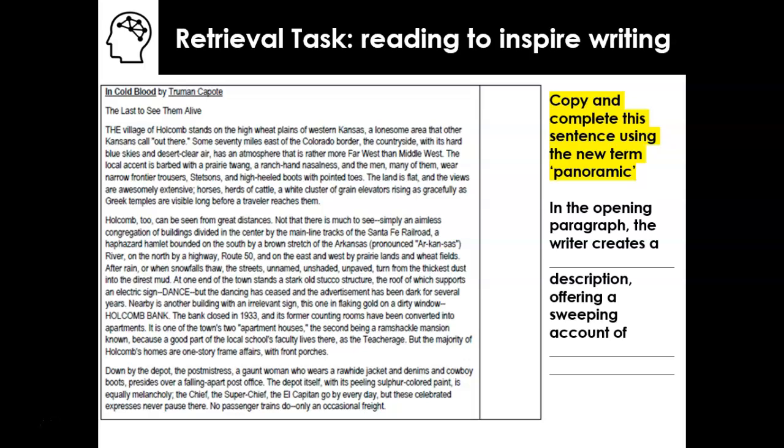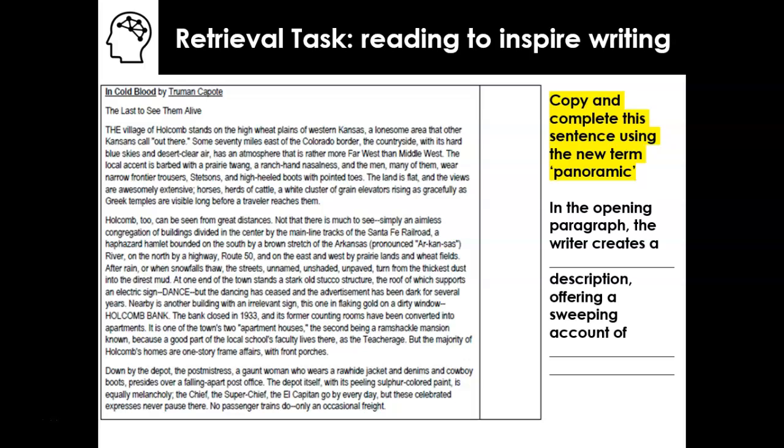The local accent is barbed with a prairie twang, a ranch hand nasalness, and the men, many of them, wear narrow frontier trousers, Stetsons, and high-heeled boots with pointed toes. The land is flat and the views are awesomely extensive. Horses, herds of cattle, a white cluster of grain elevators, rising as gracefully as Greek temples, are visible long before a traveller reaches them.